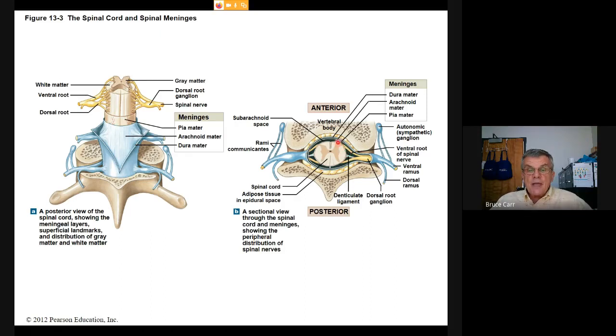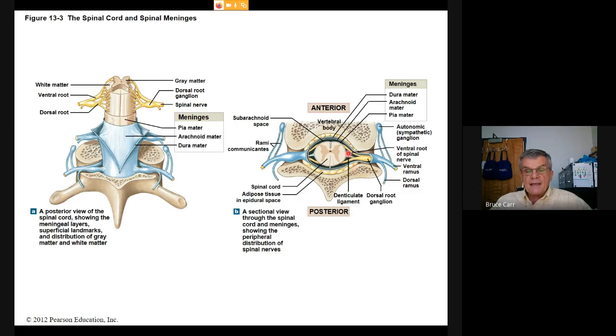And the pia mater is right where the pointer is right there. The arachnoid mater is the black space in here, maintaining that space open for fluid content. I'll get back to that in a second. And the dura mater is this blue outer covering that is right next to the fat packing that separates the dura mater from the bony, hard surface of the vertebra.